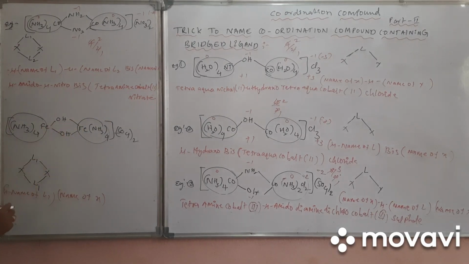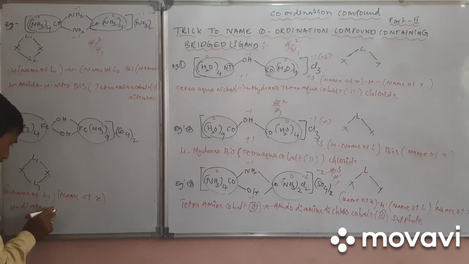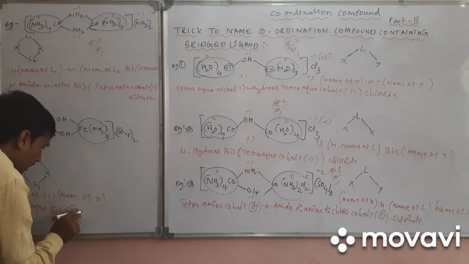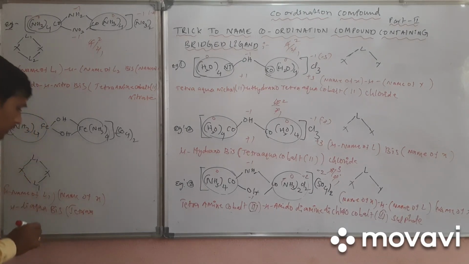Two ligands are there, so we use mu diaqua. Next we go to this part: these two are the same, so we use bis tetraammine.